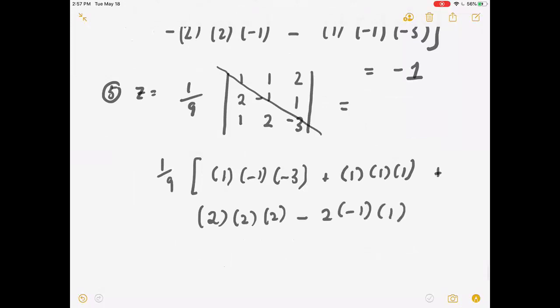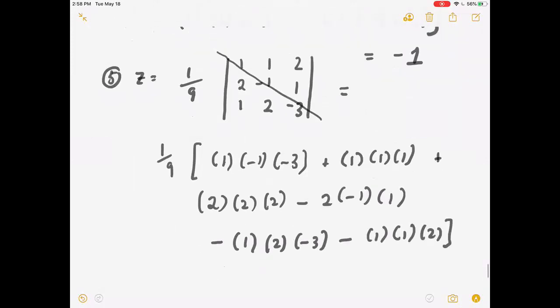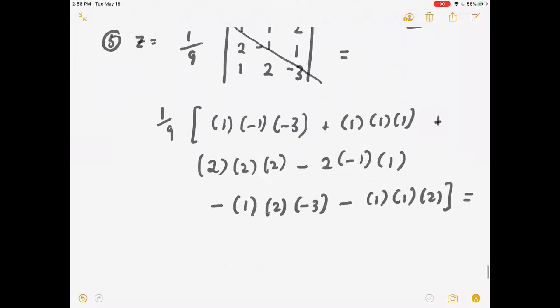So my fourth term has a negative sign because I'm going backwards. 4 down, 2 to go. Minus 1 times 2 times -3 minus 1 times 1 times 2. And you can evaluate this, and it turns out to be equal to 2.